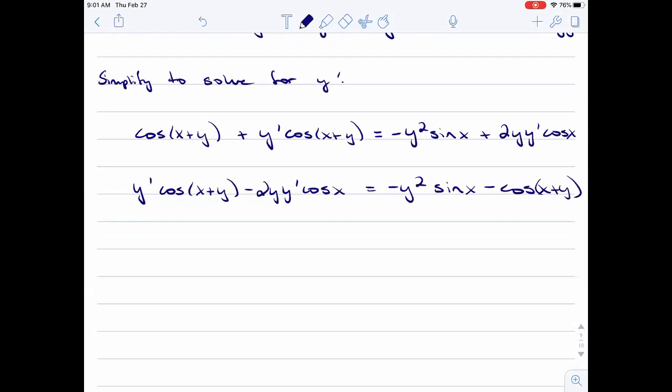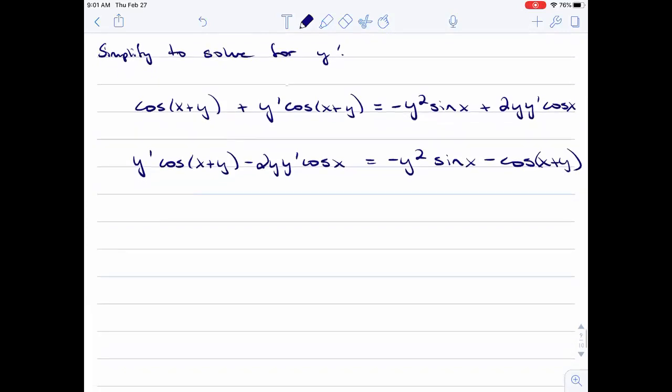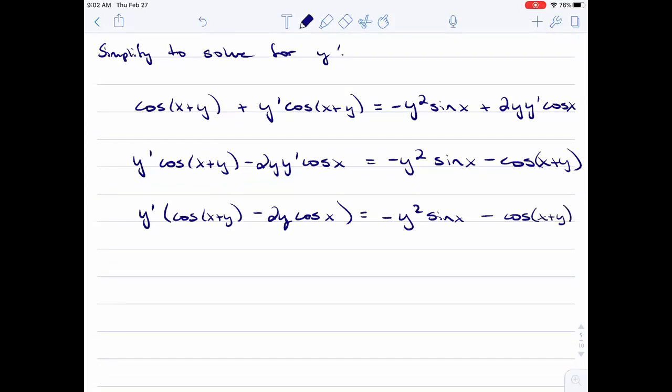Just be careful. You don't have to. On the right-hand side, we could pull out a negative. But let's just leave it and focus on solving for y prime. So now I can pull out a common y prime times cos x plus y minus 2y cos x, which is negative y squared sine x minus cos x plus y.